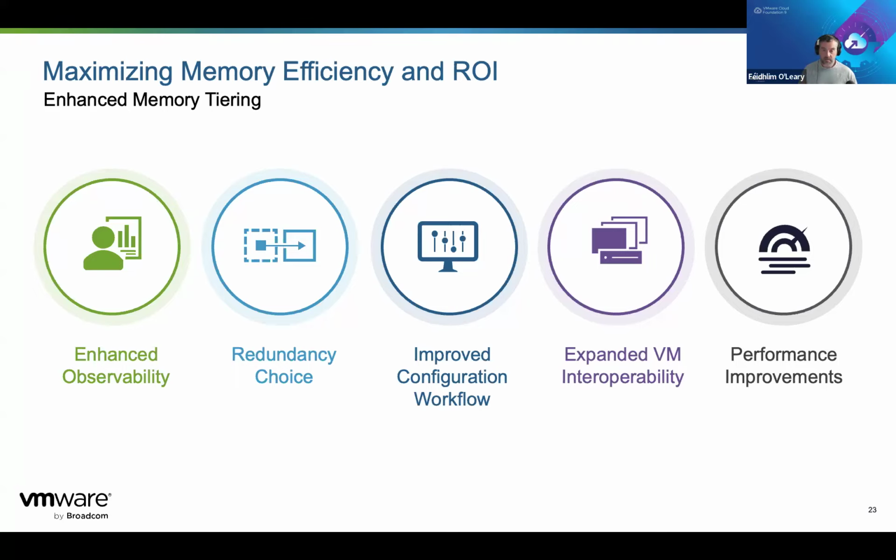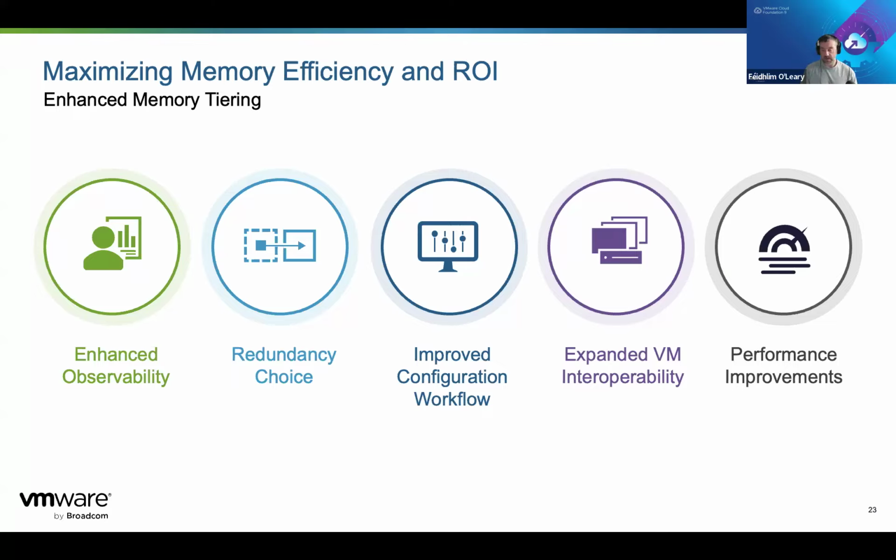With memory tiering, it allows us to use high-speed NVMe devices as a second tier of memory. So essentially, we're extending the life of a server because we cannot add additional DRAM. We're able to extend the compute capacity of the server by adding those NVMe devices.